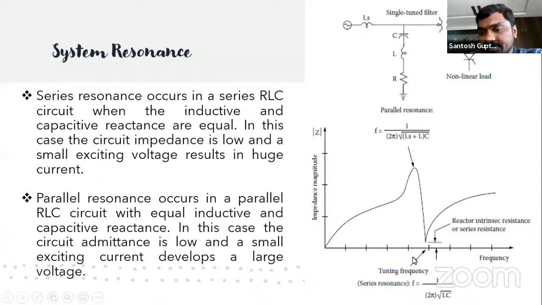If you see here, in this condition, the impedance is very high, meaning admittance is very low. A small current here will get amplified, and it will create very high voltages. So we will see how to observe this series and parallel resonance in the system in our ETAP example.